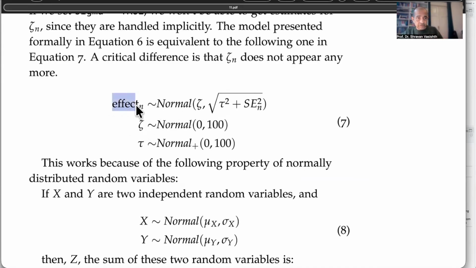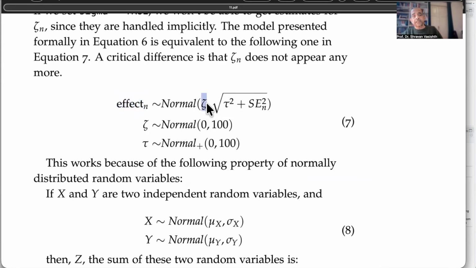The effect estimates from each study are directly represented through a normal distribution with underlying mean zeta, and the underlying standard deviation of the effect size is the sum of two variances, the between-study variance and the standard error squared of each study. If you take the square root of that, you get the standard deviation, because in Stan and in R we always talk about the standard deviation, not the variance. That's why I took the square root here.